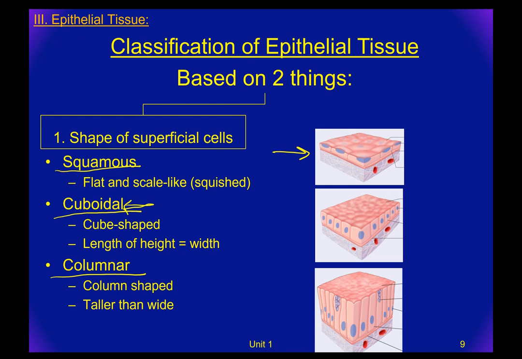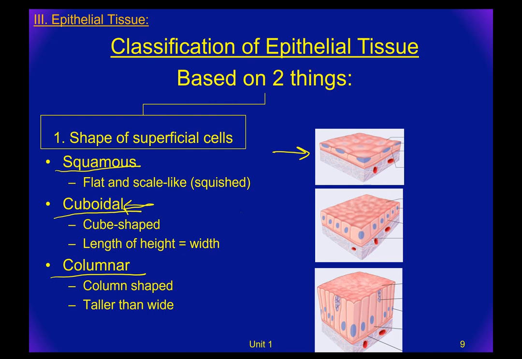Now, cuboidal cells are about the same height as they are width, okay? So they're not going to look like a perfect square. They're probably going to look something like this or something like this, but they are about the same height as they are width. So if you were to look at them in 3 dimensions, they would look like a cube, okay? So that's the second shape we're looking at.